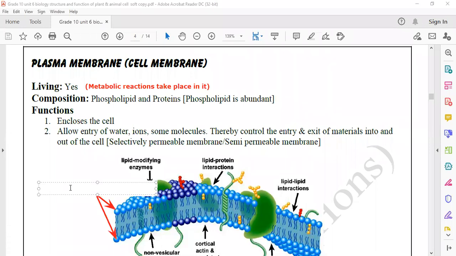These balloon-like structures in the plasma membrane are phospholipid molecules. Mark it down, phospholipid.